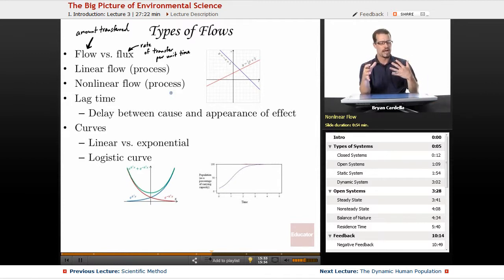A nonlinear flow would be if every time I add a new one, it really changes the scenario. I've heard of this as like drinking a glass of water. So you're thirsty, so you drink a glass of water, and you feel a little bit better. If you keep drinking a glass of water, it's not the same exact effect on the body every time.